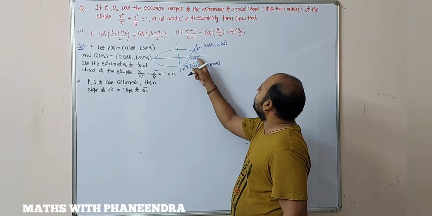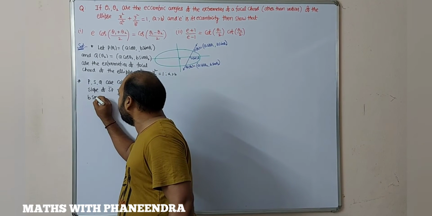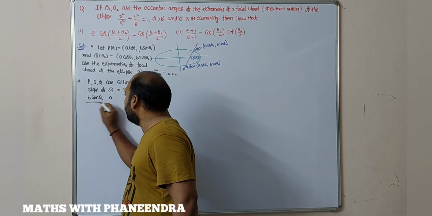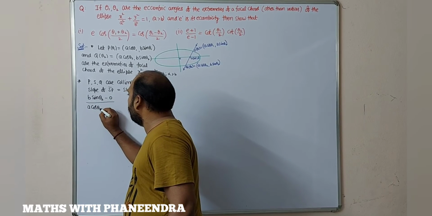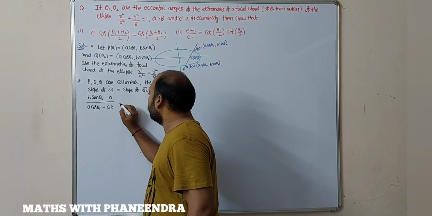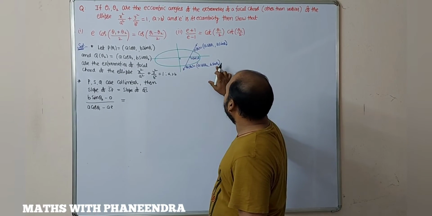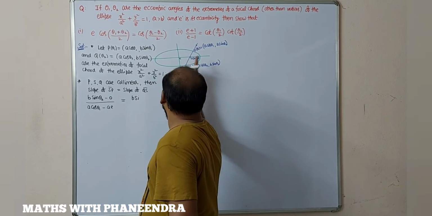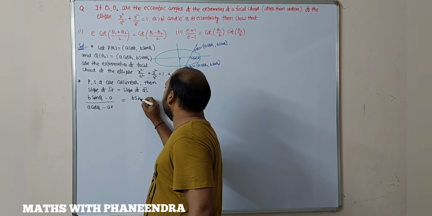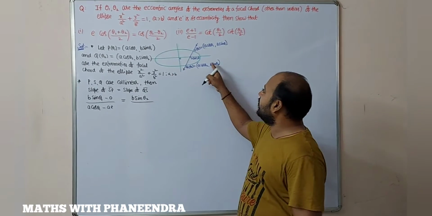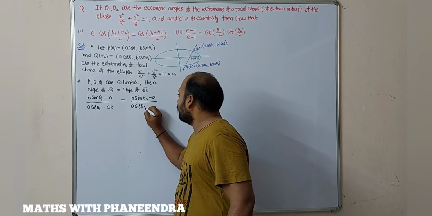So slope of SP, these two, x1 y1 x2 y2: B sin theta 1 minus 0 by A cos theta 1 minus AE is equal to slope of QS, B sin theta 2 minus 0 by A cos theta 2 minus AE.